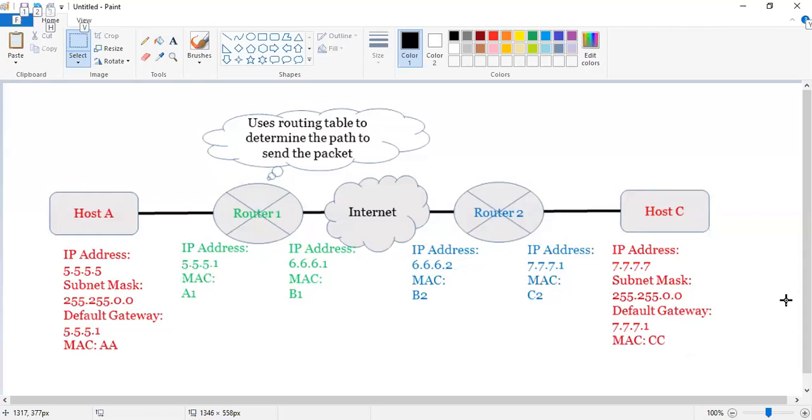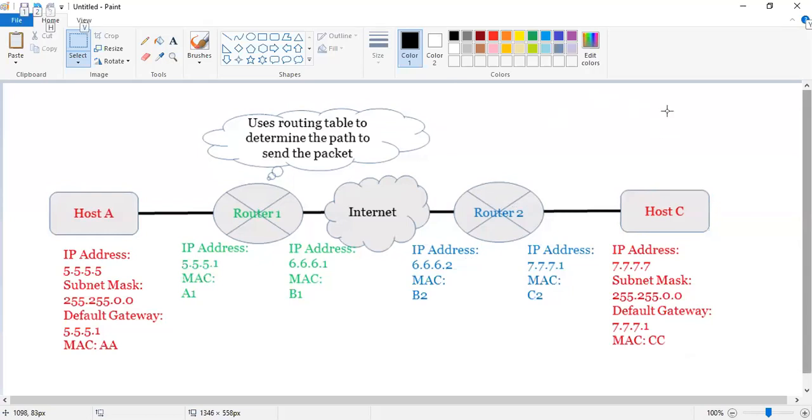Since it does not have this particular thing, now it will look into its routing table. What will be there in the routing table? How to reach network 7 is available.